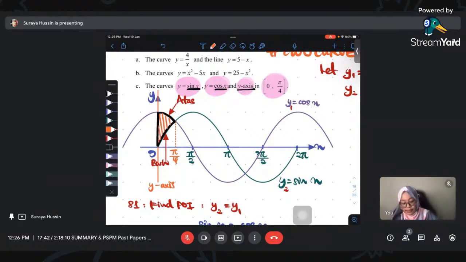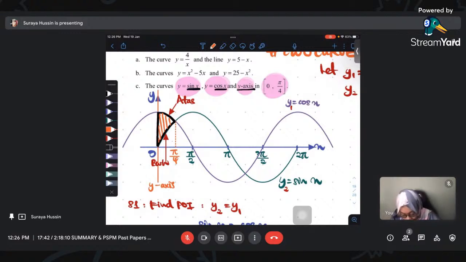So, this is the things yang kamu perlu mahir lah. Mahir cari di manakah region yang tepat. Just have to be very careful lah. As long as you know the region must be closed, the region mesti tertutup, tak ada masalah kot.